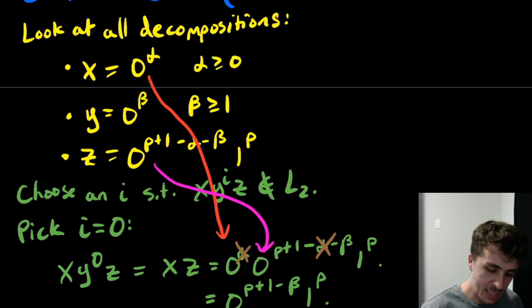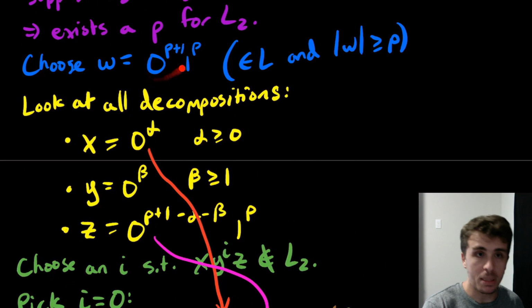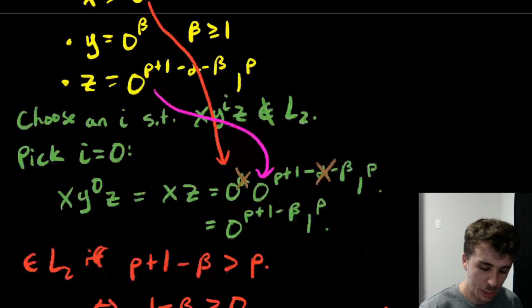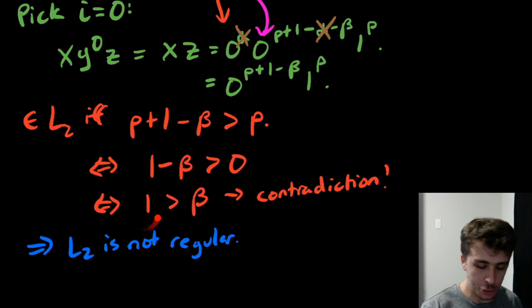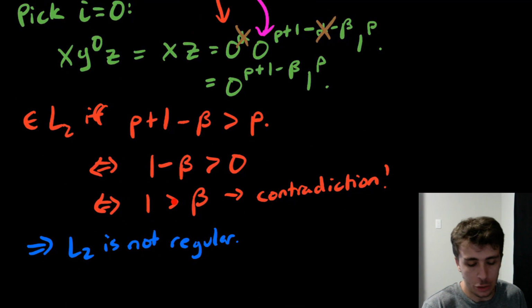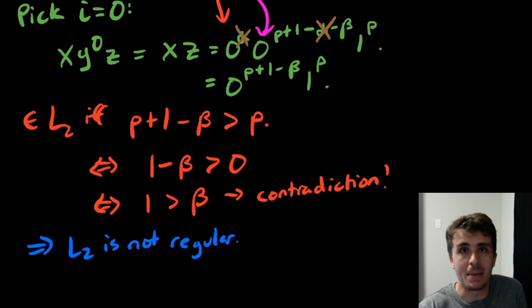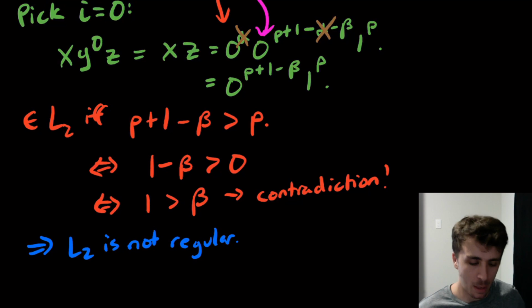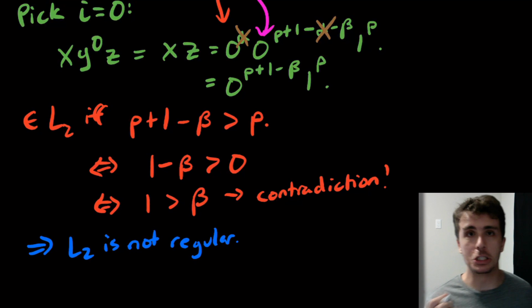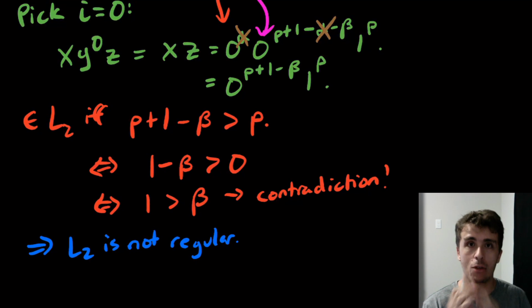And if I picked any string with p plus 2 or more zeros, then what I would get here is 2 or some bigger number strictly bigger than beta, but that possibly might be that beta is equal to 1. And so beta is allowed to be 1 possibly, and so that's not going to help us whatsoever.